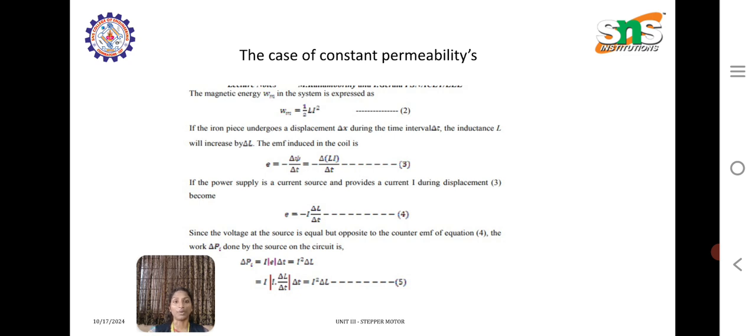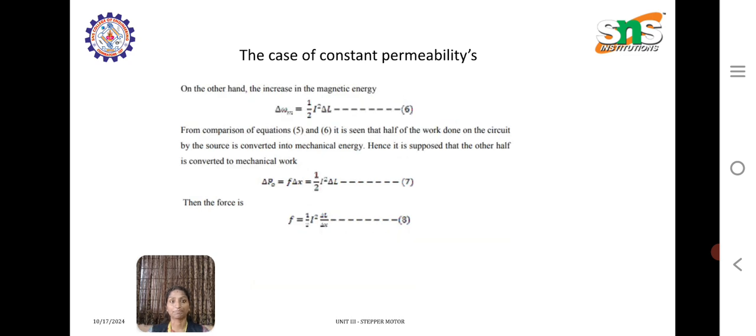Coming to work done, del Pi is equal to I into E into del t, where we can substitute equation 4 here, giving I into del L by del t into del t. Here del t and del t get cancelled and the equation becomes I square del L, which makes equation 5.